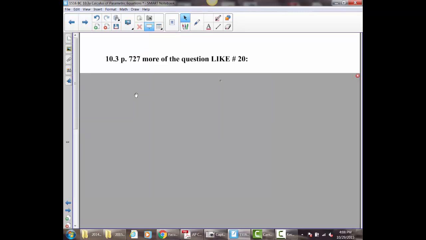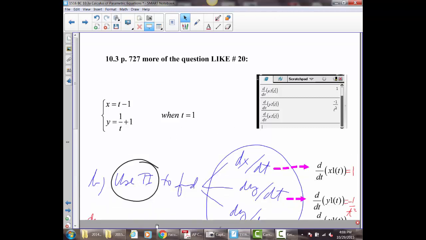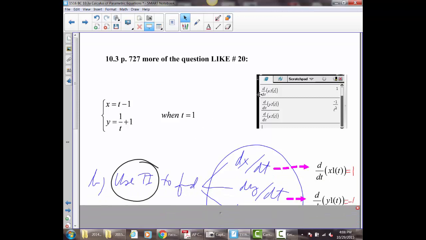Okay, more questions like number 20. So this is it on the calculator. If you want to find dx/dt, which is d/dt of x1 of t, remember, we stored this in the calculator, so we already have x1 of t equals t minus 1, and y1 of t equals 1 over t plus 1.